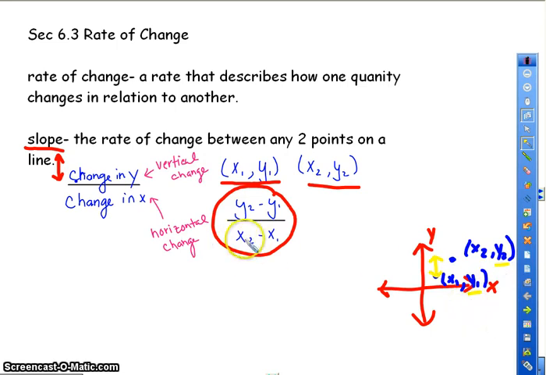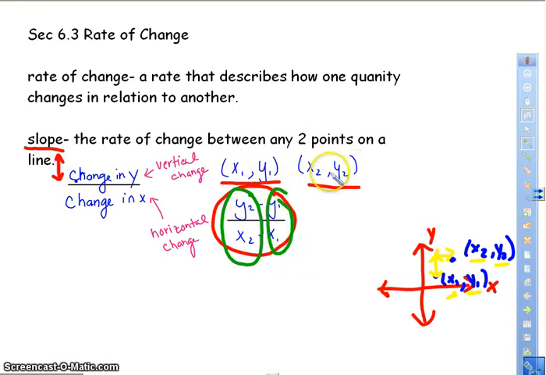Then I'm doing the same thing to the x's. I'm taking my x1 minus my x2, or vice versa, because then I want to know the change horizontally. What's important here is that when we subtract our two coordinates, if I put my y2 first, from this total ordered pair here, then the x from that same ordered pair has to go underneath that.